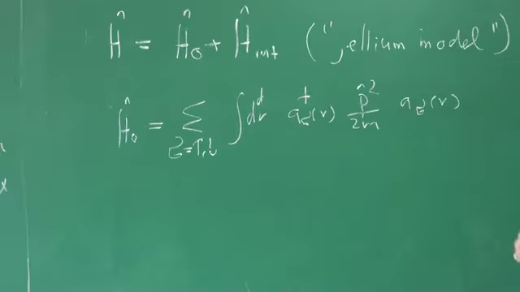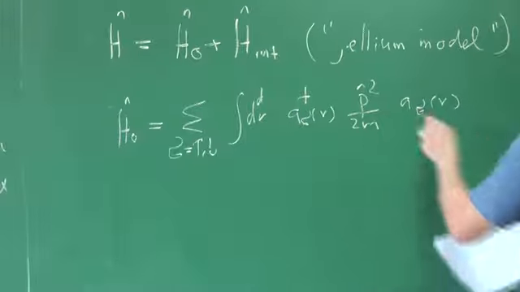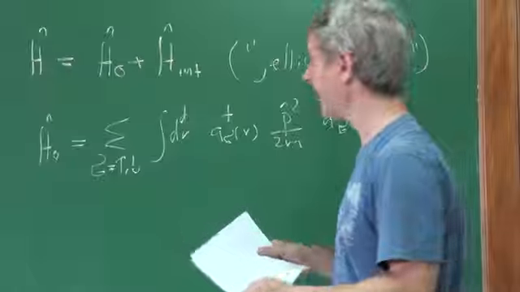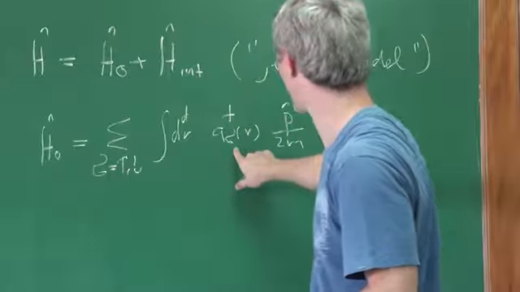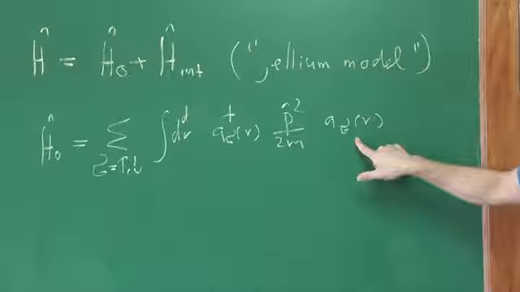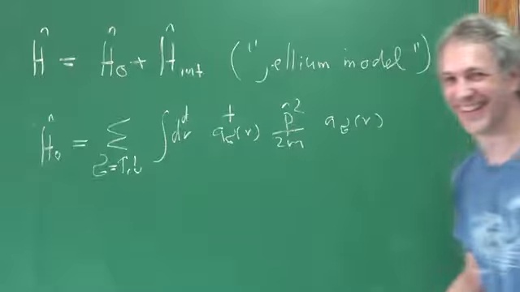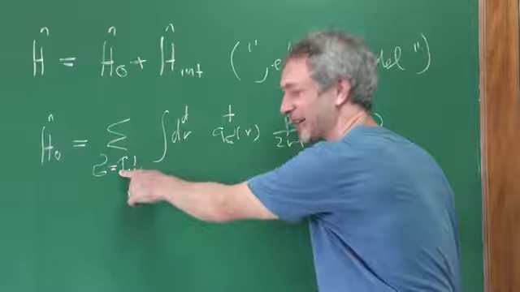This is just a free part, the kinetic energy, for spin up and spin down. Sigma corresponds to spin up or spin down.